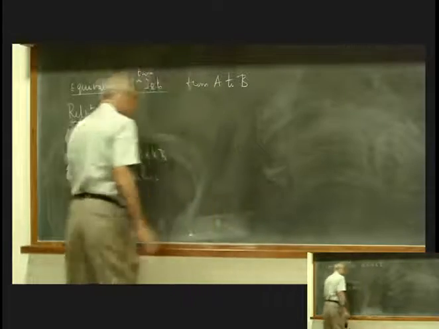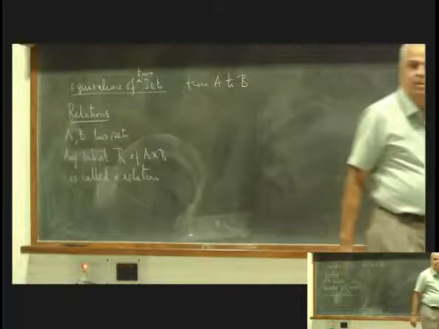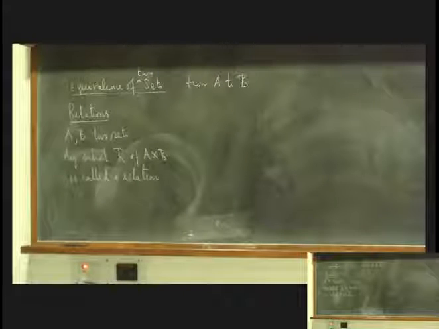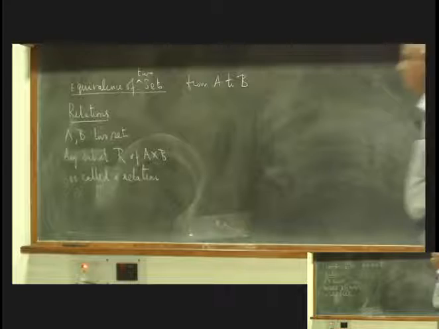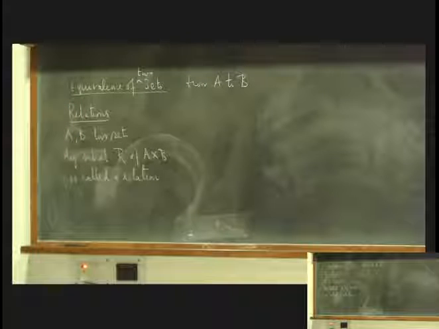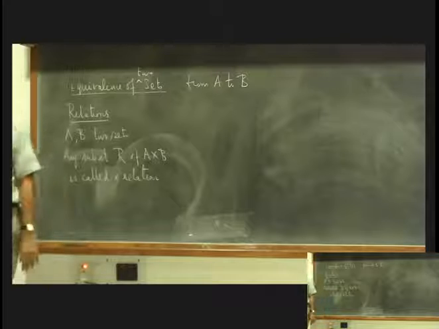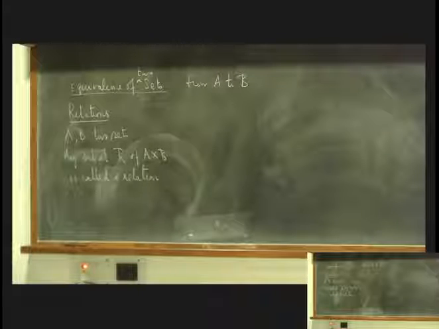You may say that the empty set is there. The empty set is called the empty relation. And if you have the entire collection of subsets of A cross B, that's called the universal relation from A to B.